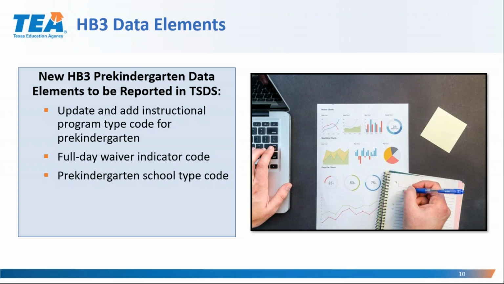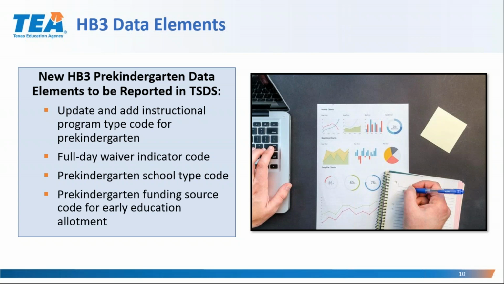The next one is a pre-kindergarten school type code. As you know, Senate Bill 1679 allows a 3-year-old student that was enrolled in public pre-K to automatically be eligible for enrollment as a 4-year-old student, whether or not they meet the current eligibility requirements for pre-K. And LEAs will now report which students fall into that new scenario.